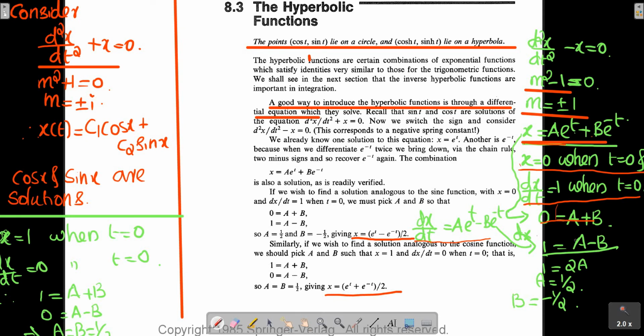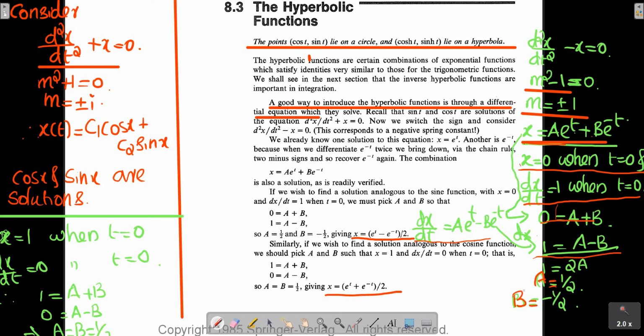Next, add these two. Adding, we get 2a equal to 1. So a equal to 1 divided by 2, and b is equal to minus 1 divided by 2.